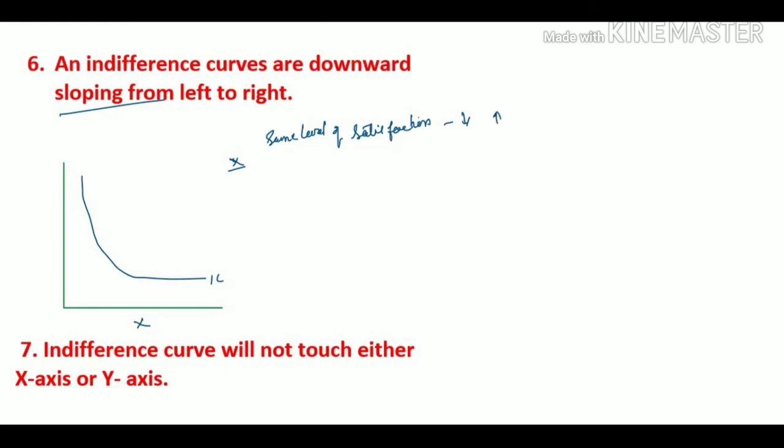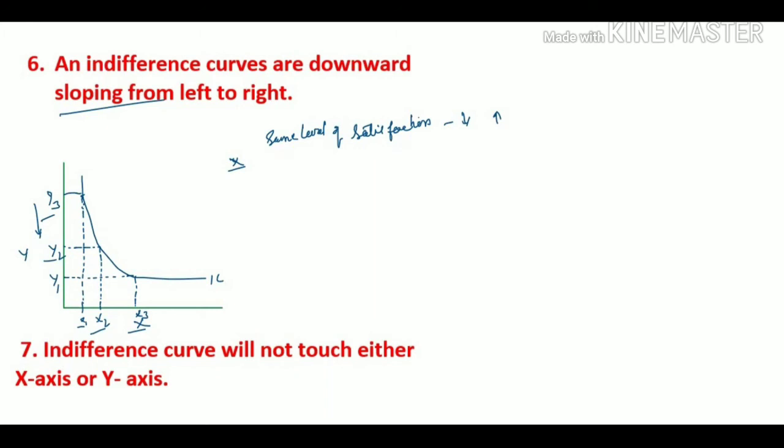It is clearly explained in this diagram. We can see that when x1 amount of commodity X was consumed, y3 amount of commodity Y was also consumed. When the consumer increased the consumption of commodity X to x2, the amount of commodity Y falls from y3 to y2 and so on.